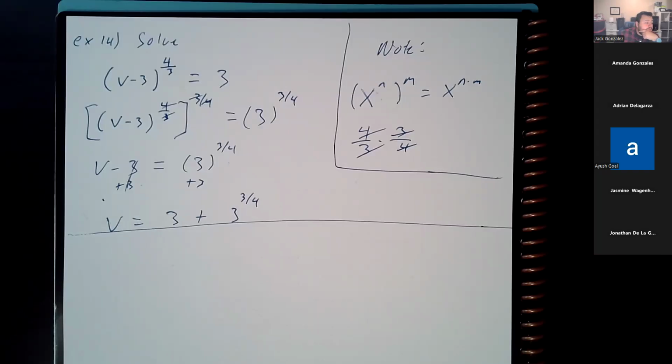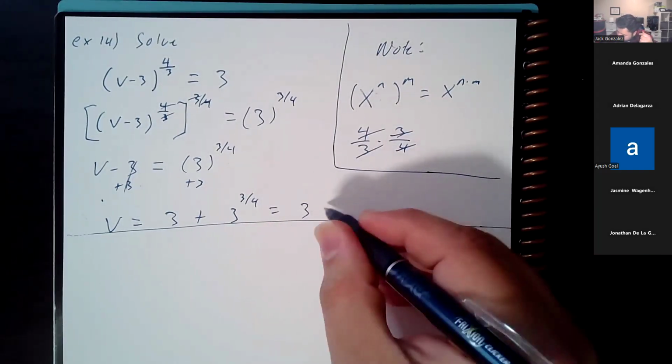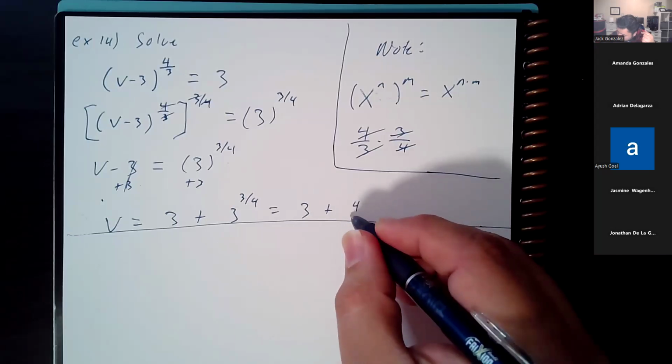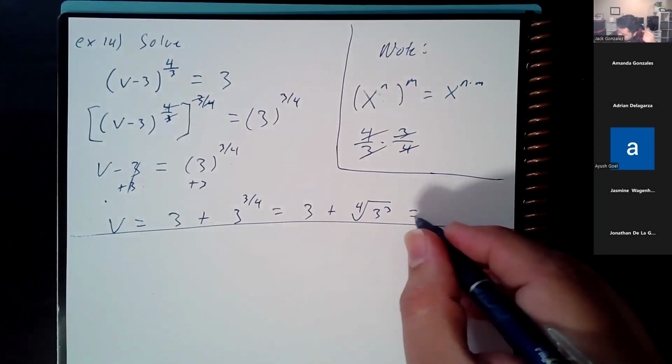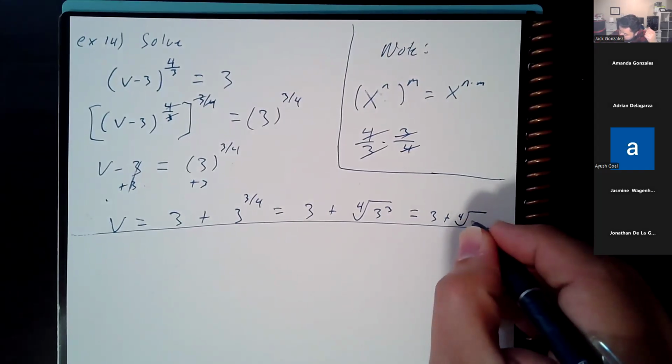The answer key for number 14 says, no, they leave it like that. They go one extra step. They say, well, this is the same as the fourth root of 3 cubed, which is 3 plus the fourth root of 27.